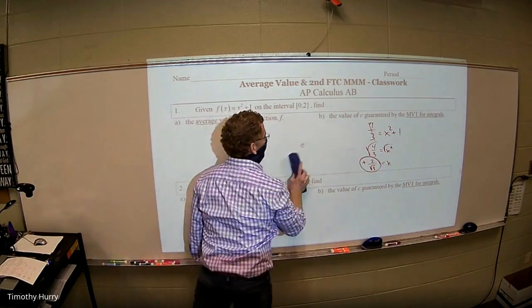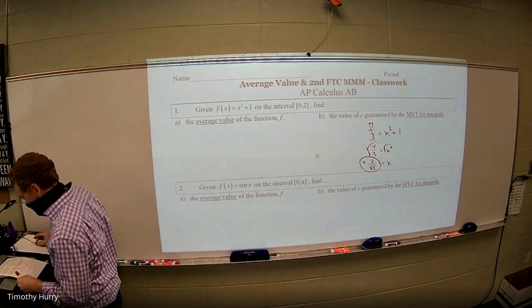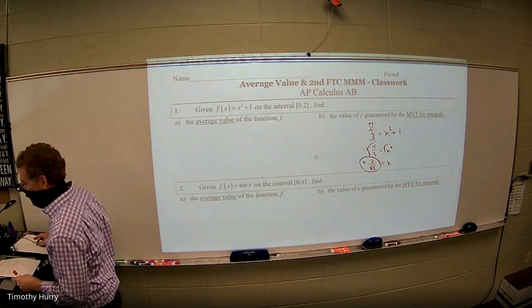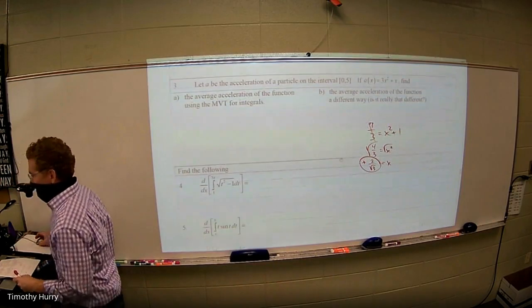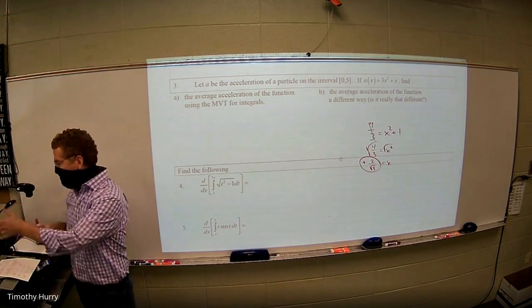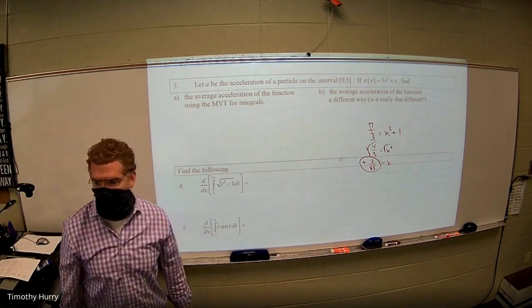All right, what about number 3? Let A be the acceleration of the function. So I've got that from 0 to 5. It says the average acceleration.